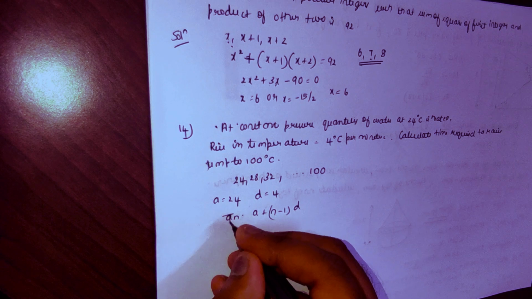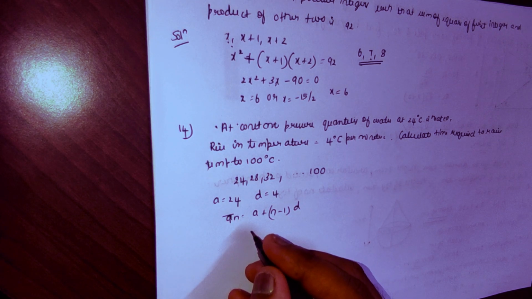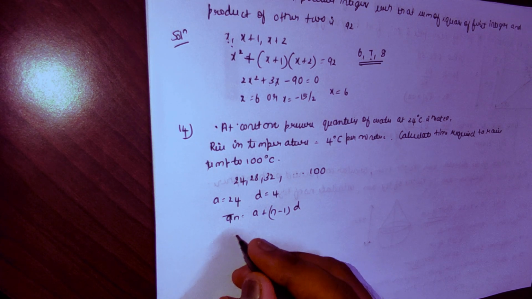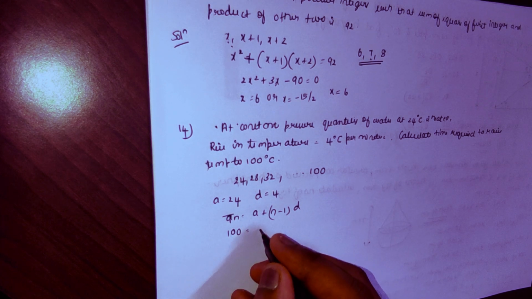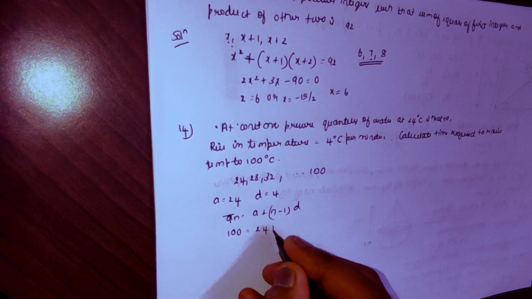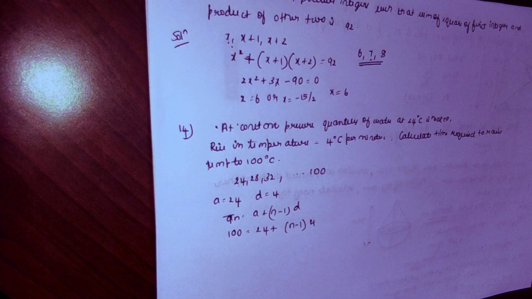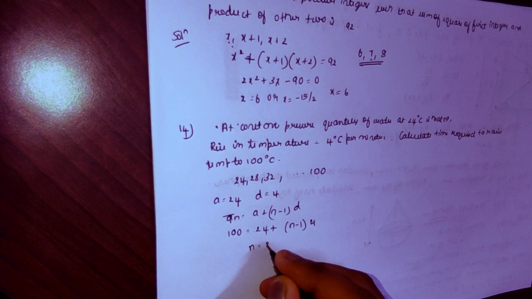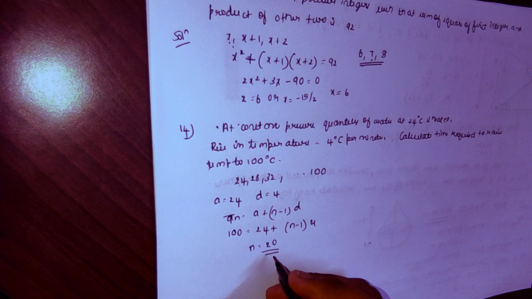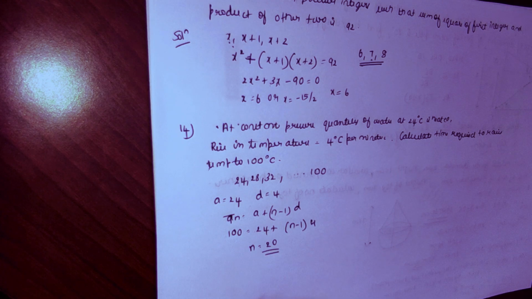Instead of a, we'll take it as T, because here the asked question is temperature. We substitute Tn as 100, the last temperature, 24 plus n minus 1 into 4. We will get the value of n as 20. So the time required to raise is 20 minutes.